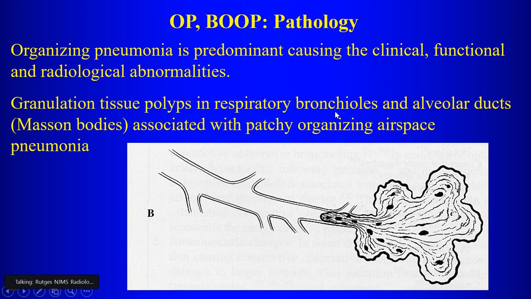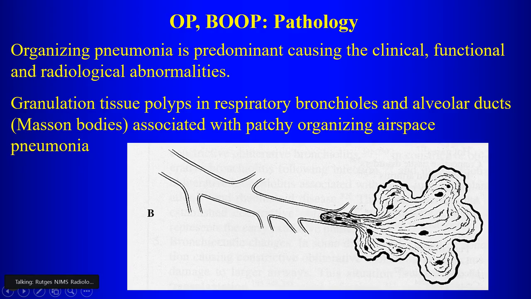Now, the issue with organizing pneumonia is that it is primarily a disease of the air spaces. So it starts with disease in the air spaces, and secondarily you get these fibrinous plugs that get into the small airways. And that's where we get the bronchiolitis obliterans part in the pathologic description. So bronchiolitis obliterans with organizing pneumonia.